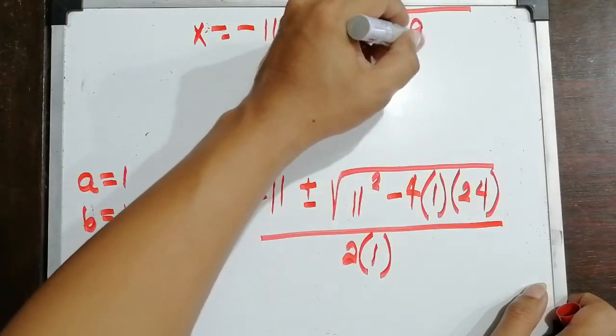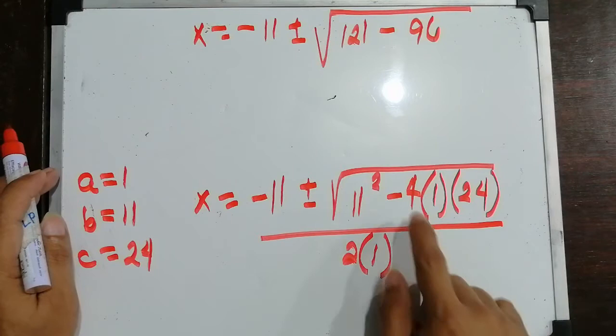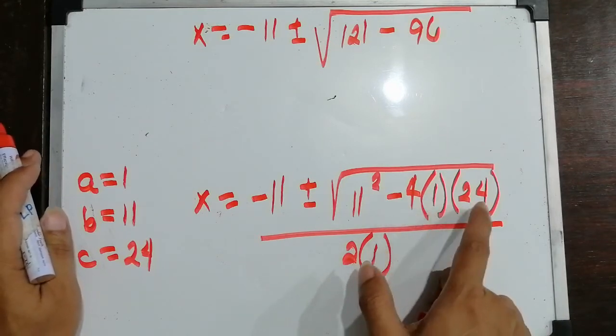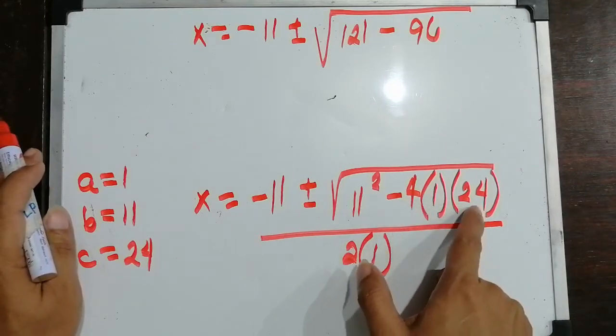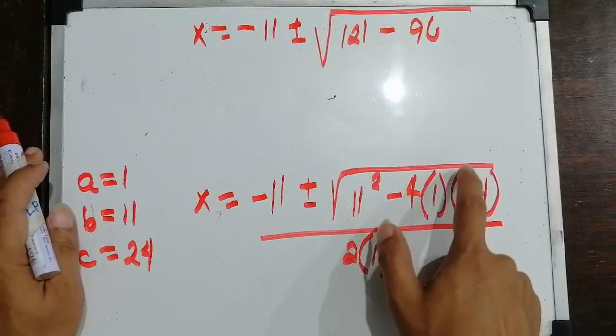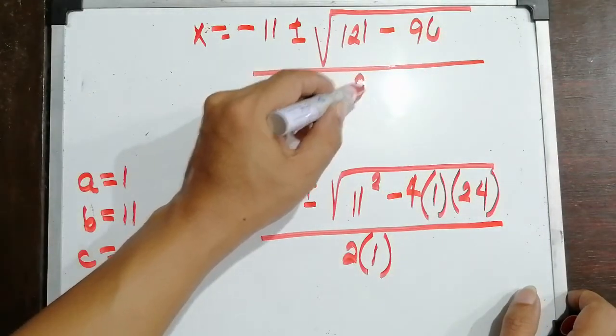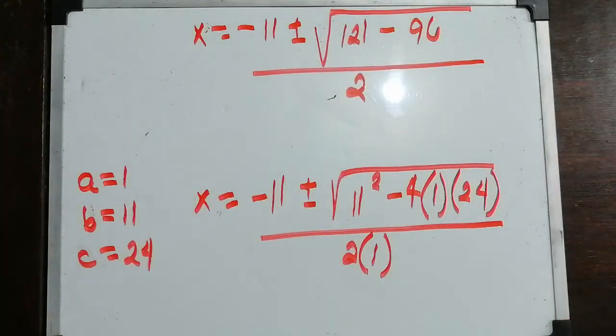So, I have 96. That's 4 times 1 is 4 times 24. 4 times 4, 16. Carry 1. 4 times 2, 8 plus 1 is 9. That's why we have 96. And over 2. That's 2 times 1 is 2. Okay?